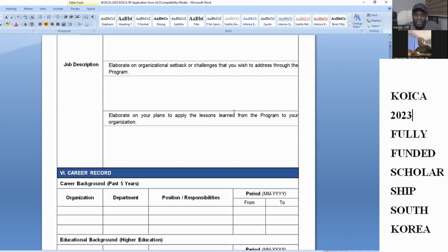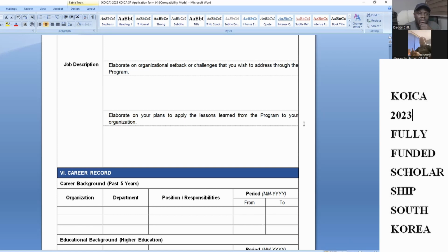Now they say elaborate on your plan to apply the lessons learned from the program to your organization. Basically, one thing about KOICA is that its programs are meant to lead to change, especially when it comes to development.